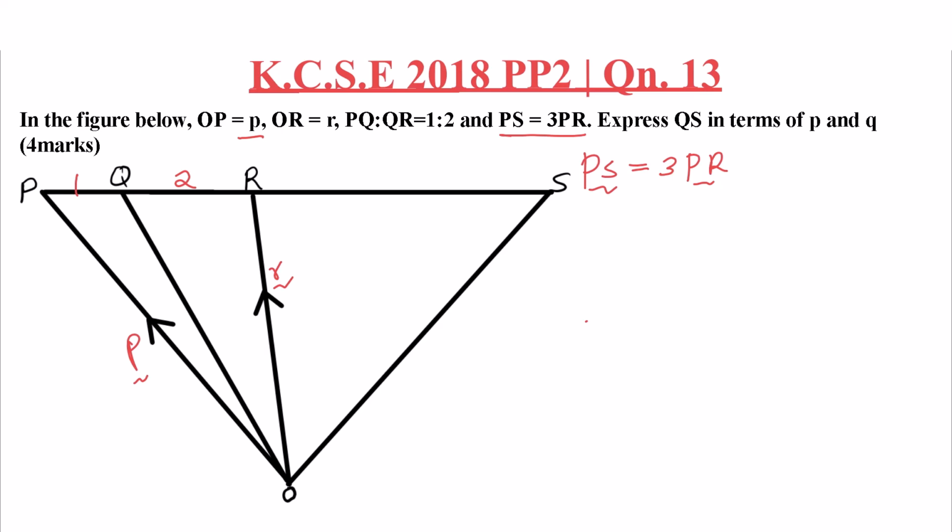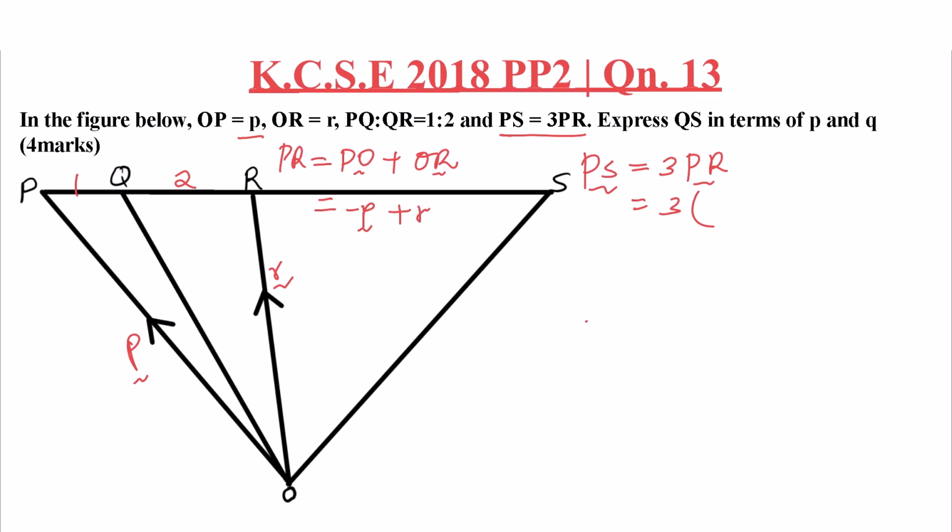It is possible to get PR. That is why I want to express PS in terms of p and r. The direction that you're going to follow from P to R, you'll move from P to O. So PR is equal to PO plus OR. PO, look at the direction, you're moving in the opposite direction of the arrow, so that will be negative p, plus OR is given as r.